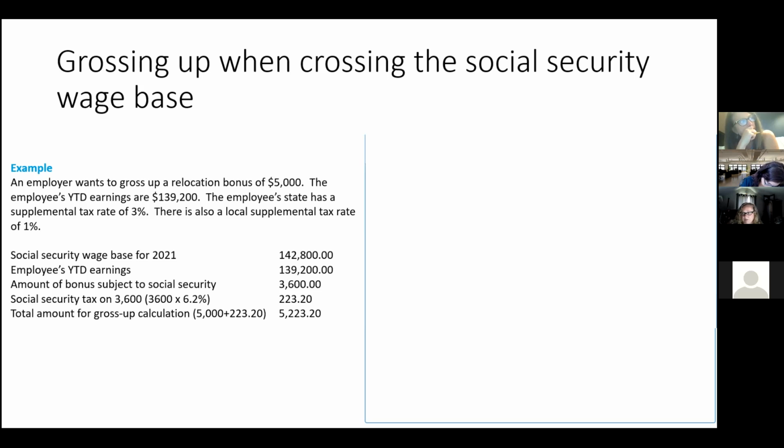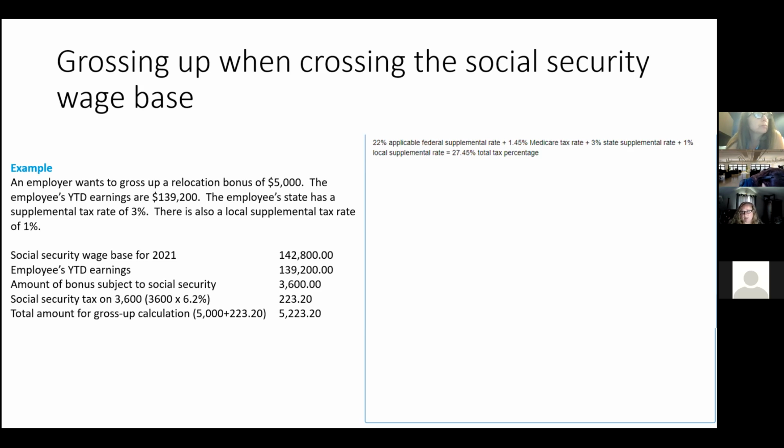So instead of just using $5,000 for our gross up calculation, we're going to use $5,223.20. Now we're going to look at the taxes that she has to pay: 22% federal supplemental rate, 1.45% Medicare, 3% state supplemental, and 1% local.